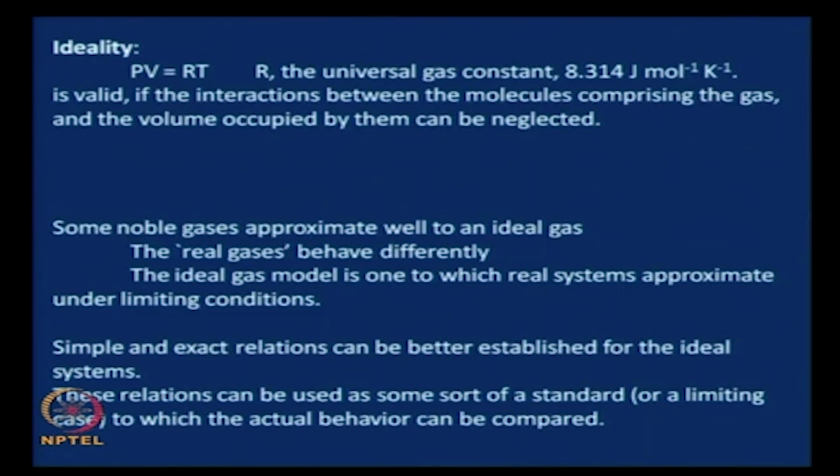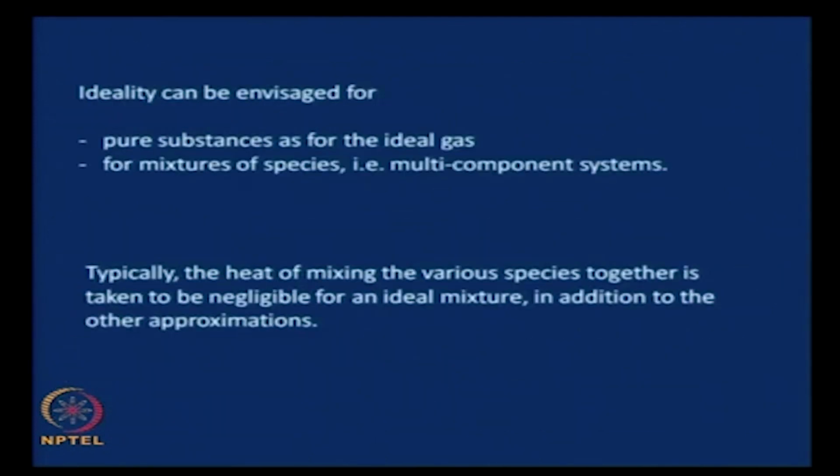Simple and exact relations can be better established for ideal systems, and these relations can be used as some sort of a standard or a limiting case to which actual behavior can be compared. Ideality is not only for a pure gas, it can of course be envisaged for pure substances such as ideal gases, as well as for mixtures of species or even in a multi-component system.